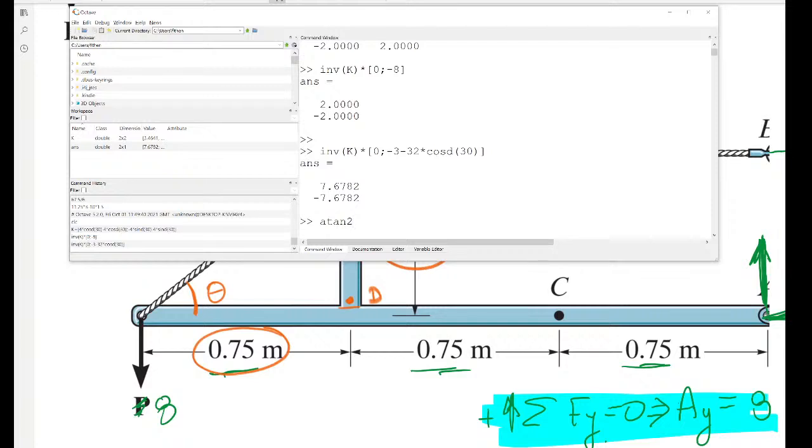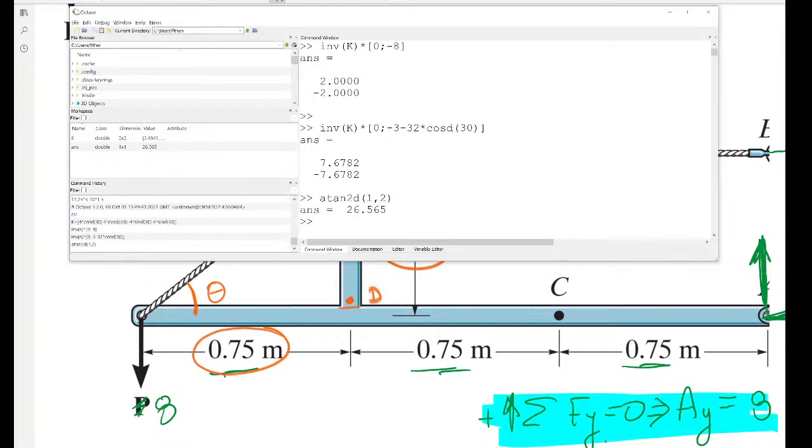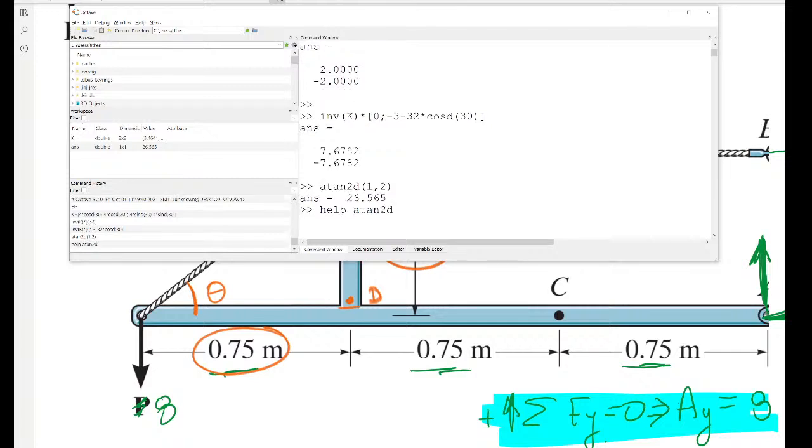Alright. Is there a degree component to this? I don't know if there is a degree component to this. Let's just try something. Oh, there is a degree component to it. Okay. So here you can do this. Should produce something.